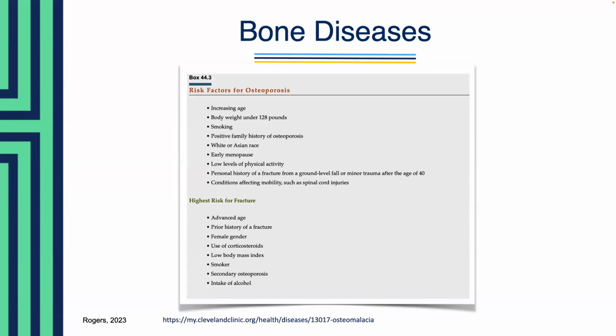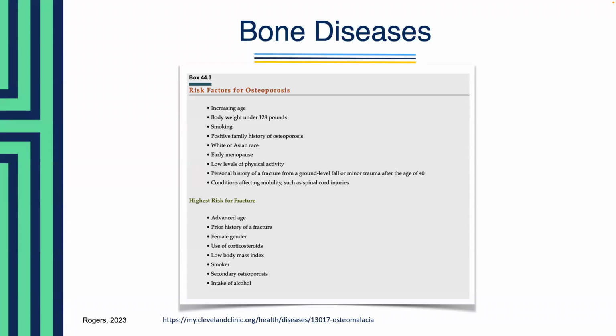So some of our risk factors, and I'll let you read over the rest of them up here in the chapter in the box here. But just being female, unfortunately, is increased risk. Advanced age, having a low body weight or being small boned, a family history of osteoporosis, low calcium, vitamin D, we talked about estrogen deficiency, especially after menopause.